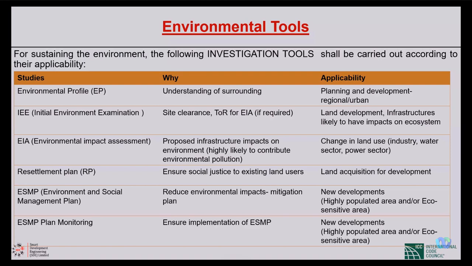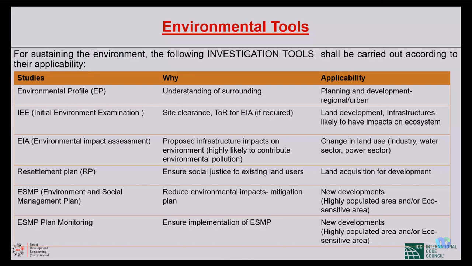Then we are also looking at the ESMP. This is the environmental and social management plan. In addition to the EIA, we do the mitigation plan, which includes what the measures will be to reduce the impacts, who will do that, and how much the cost will be.